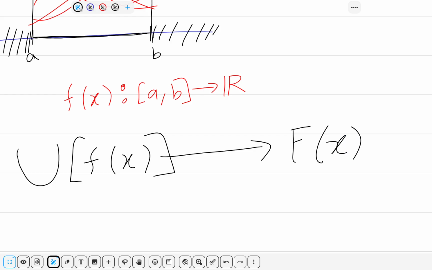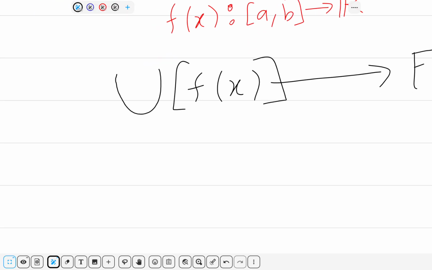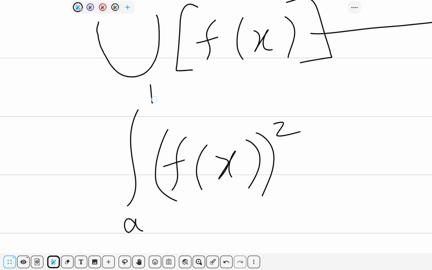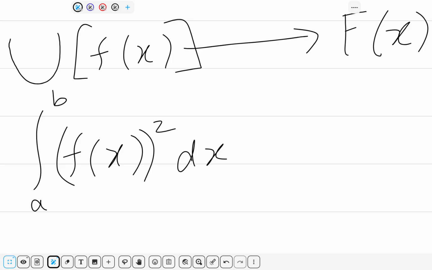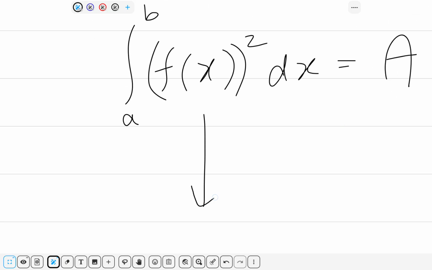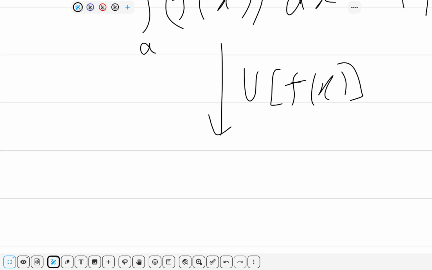Suppose you have this function, and if I square it and take the area under it, it will give me some value. I want a transformation such that even after doing the transformation on f of x, the area is preserved. I want to find something like this.